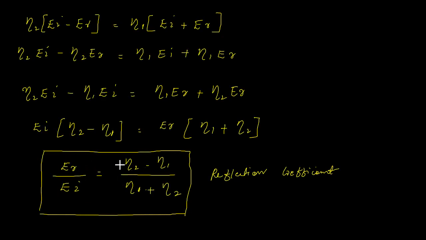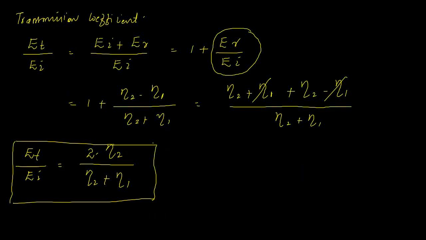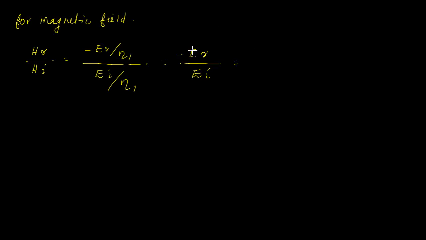See this one, so this minus will come. So it becomes eta 1 minus eta 2 upon eta 2 plus eta 1.